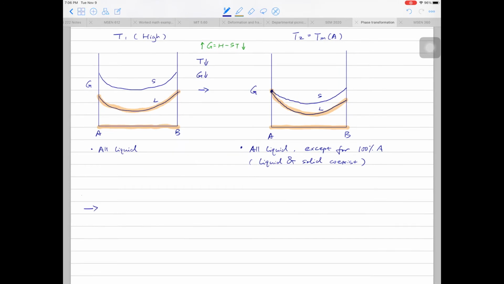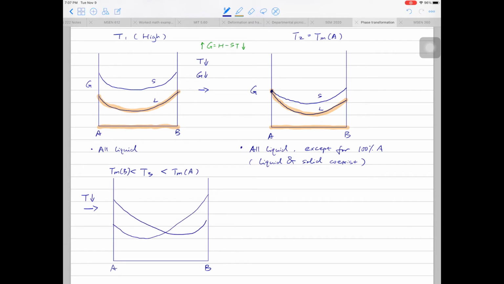Let's further reduce the temperature to T3, and T3 is in the range between the melting point of A and the melting point of B. This is the most non-intuitive energy diagram here, and I hope you can pay some extra attention. Here are the Gibbs free energy curves for the liquid phase and the solid phase.